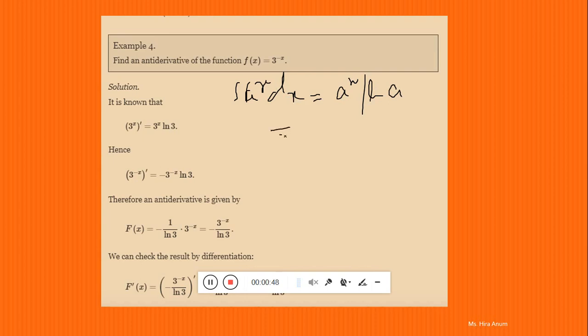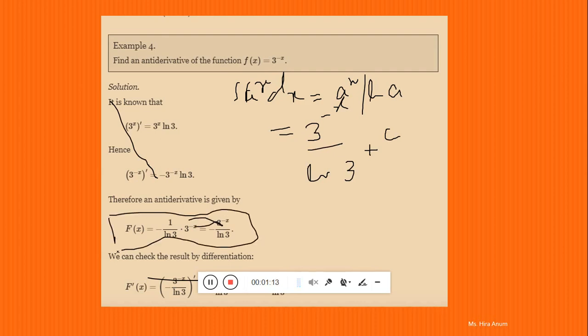Here a is any constant, so the integration of this function is 3 power minus x over ln 3 plus c. You can cross these points and these points; you only have to do these steps, or you can properly do this step.